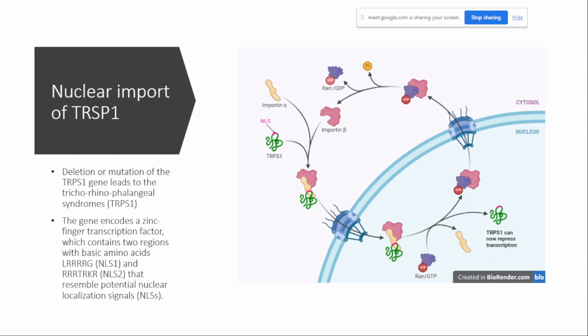If you want to import any protein inside the nucleus, you have to have the NLS sequence, because this NLS sequence will be recognized by the nuclear importins, which are responsible for mediating the nuclear import of a protein. So to get inside the nucleus, you need an importin, and without NLS you can't get the interaction with it. That's why the nuclear localization signal is required. And there is no hard and fast constant sequence for the NLS.